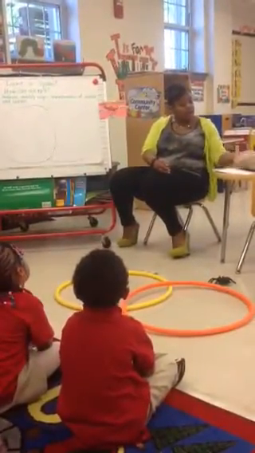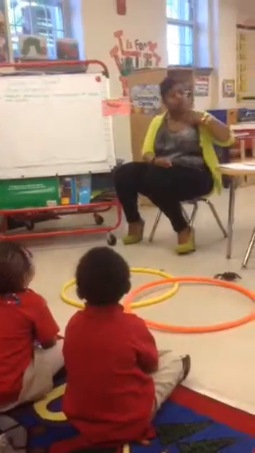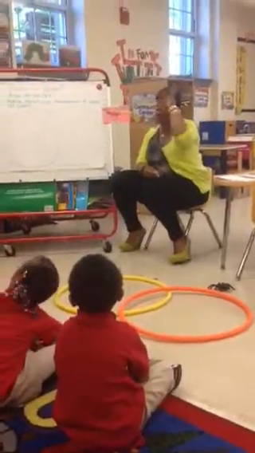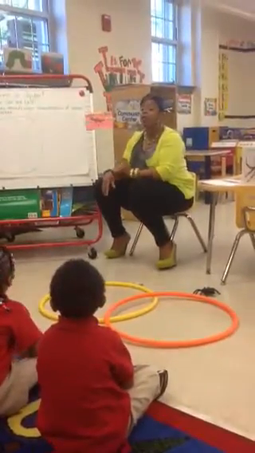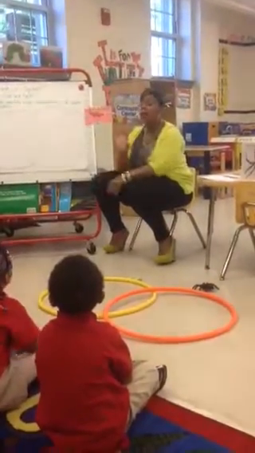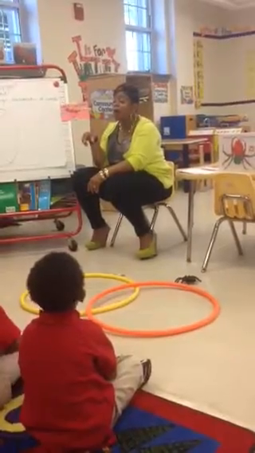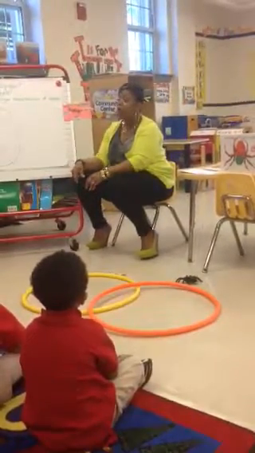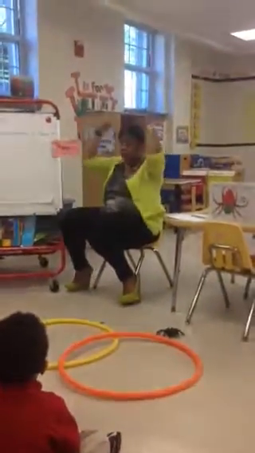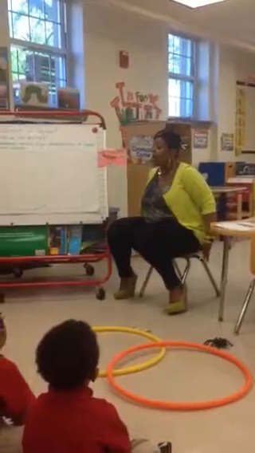Well, today, we're going to learn the difference between an insect and a spider. We're going to learn the difference between an insect and a spider. Okay? We're going to learn some of the main body parts that an insect has, which is head, thorax, and abdomen.